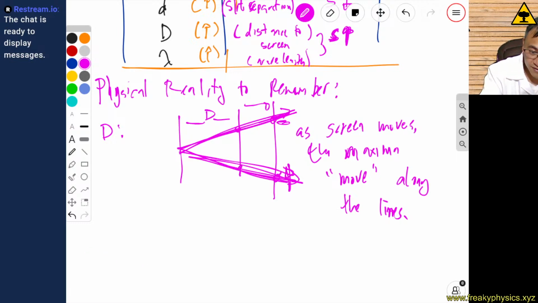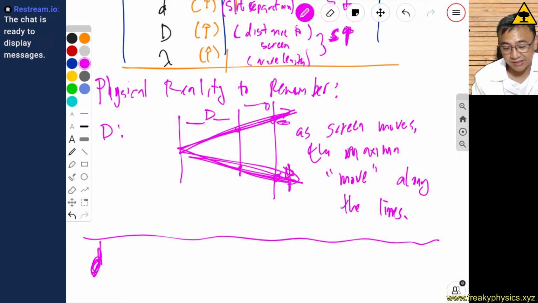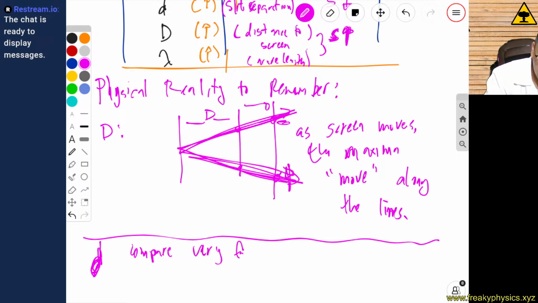Now, what's the physical consequence of changing small d, the separation distance? The idea here is you don't imagine the screen moving. You imagine very far slits compared to a single wide slit.